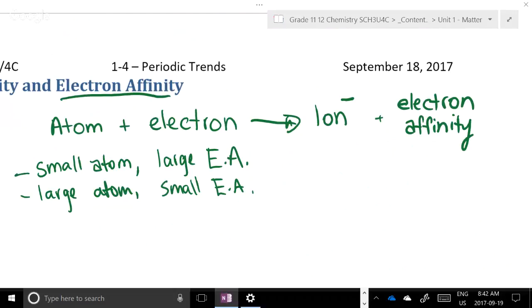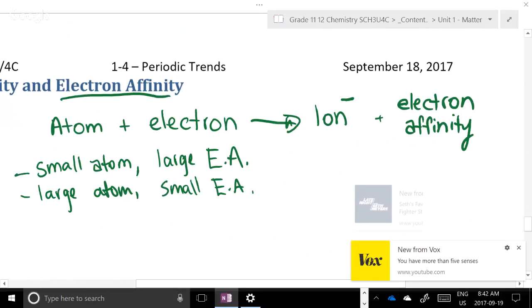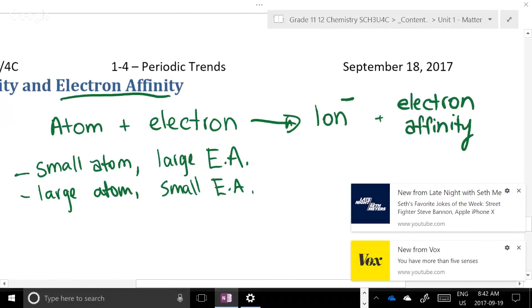You can imagine that a really small atom that only has a couple electrons to begin with, and that keeps its electrons really close, as we put another electron in there, it's going to make a big difference, right? And how much energy would it release? Tons and tons of energy.